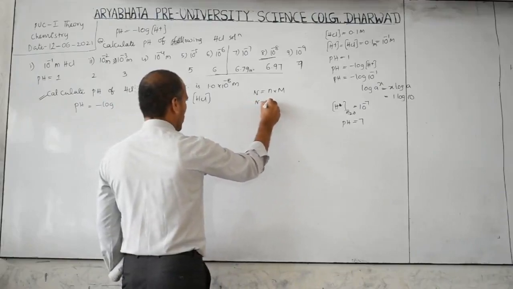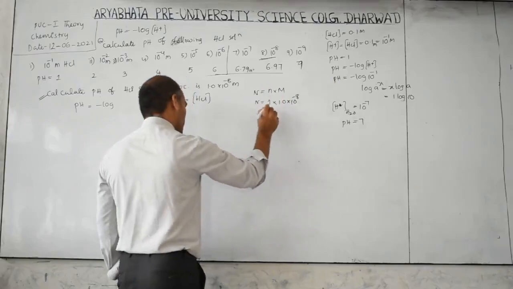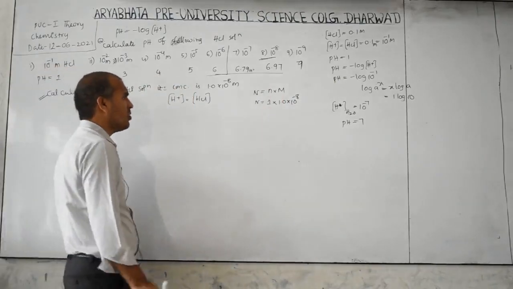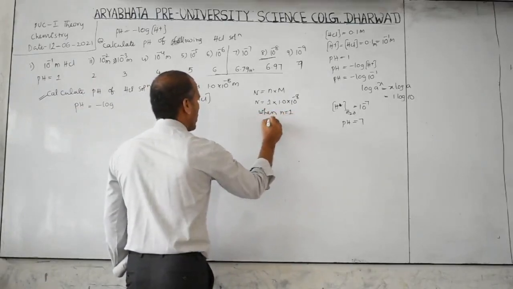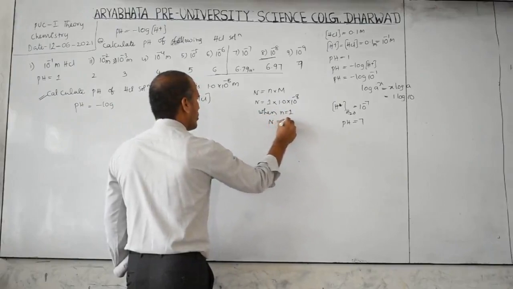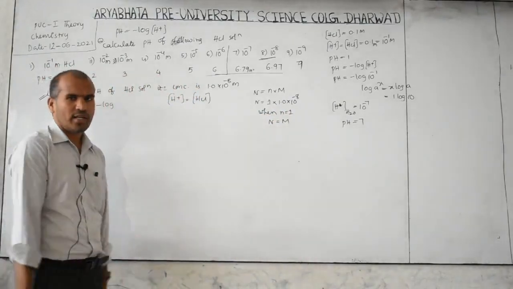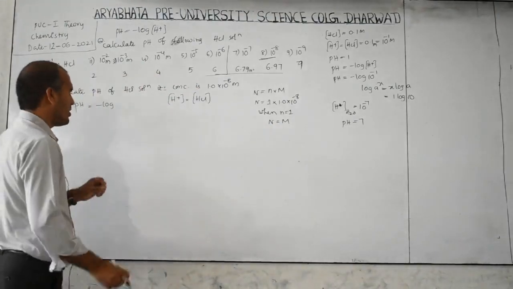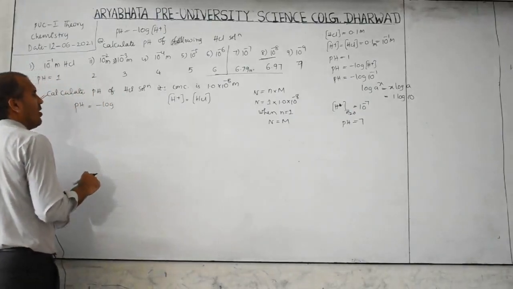Therefore, normality equals 1 into 1.0 into 10 power minus 8. When n equals 1, then normality is equal to molarity. So that's why I am directly writing. Don't think I forgot normality. That is also a very important thing here.